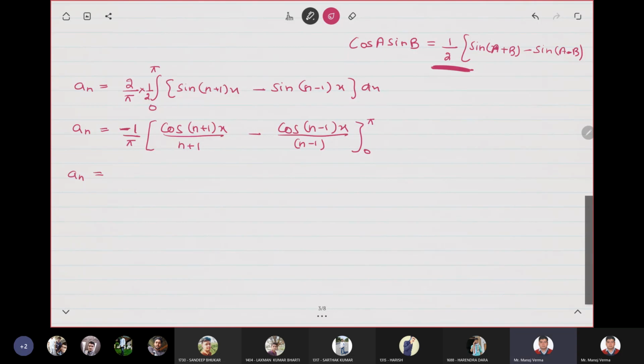If I insert the limits in the first expression, it will be cos (n plus 1)pi minus cos 0, divided by n plus 1.